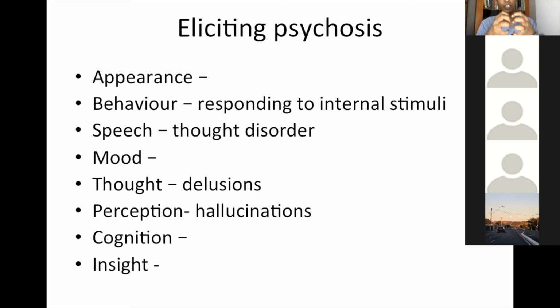There's a loss of connection between thoughts. When it is severe, this loosening of association, loss of contact between thoughts could be so severe that there is no association whatsoever between thoughts. That's very severe psychosis, very severe thought disorder, and there's a word for that.